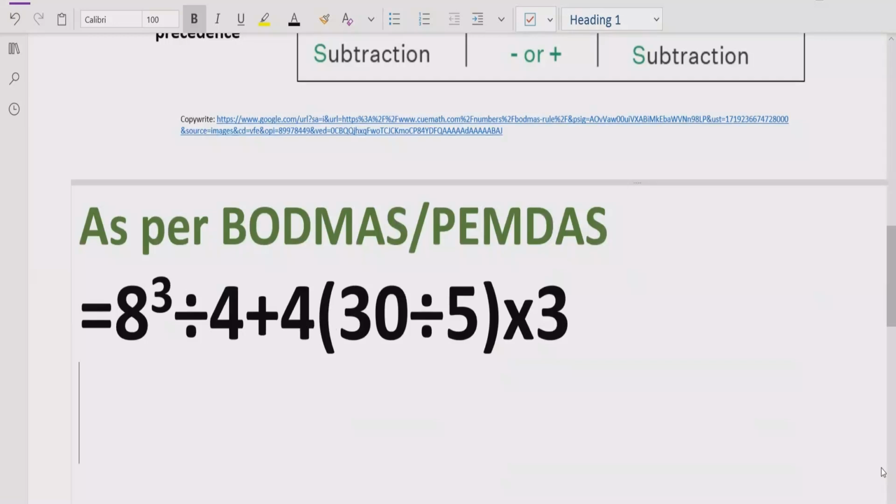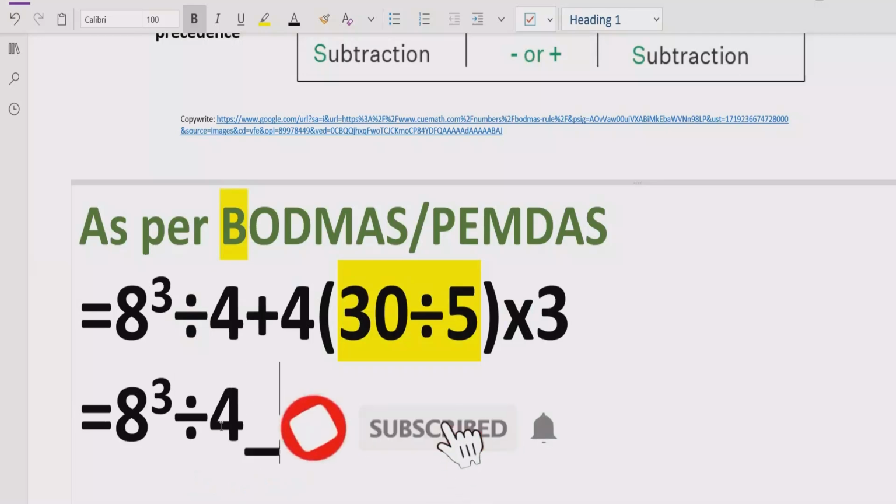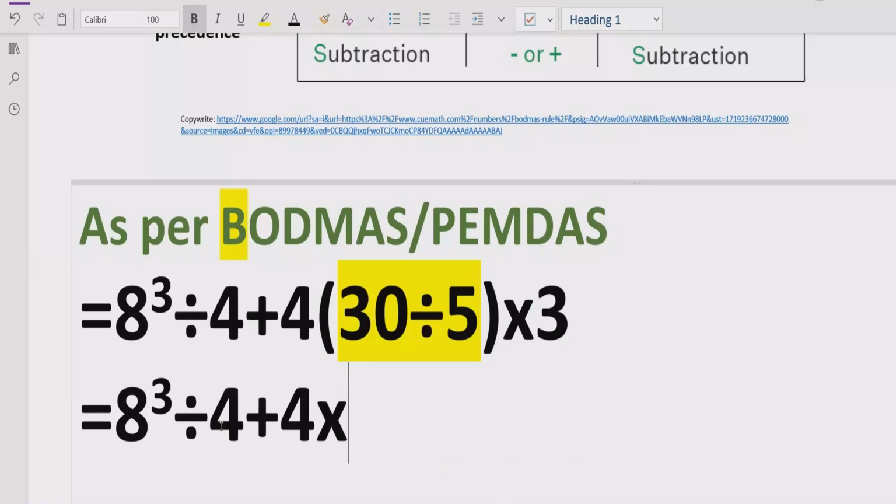According to the BODMAS and PEMDAS rule, first of all, we have to solve the bracket. So we have the first bracket, which is this one. We have to solve this one, and the other part we will write as it is. So 8 raised to power 3 divided by 4 plus 4, and 30 divided by 5, which is equal to 6, multiplied by 6, and multiplied by 3 we will write as it is.